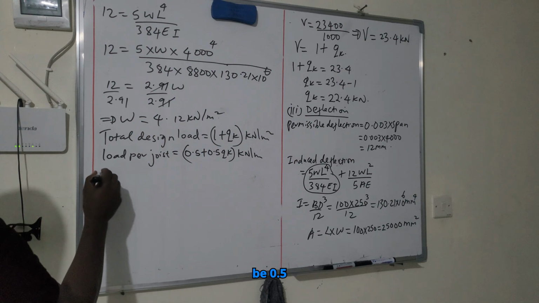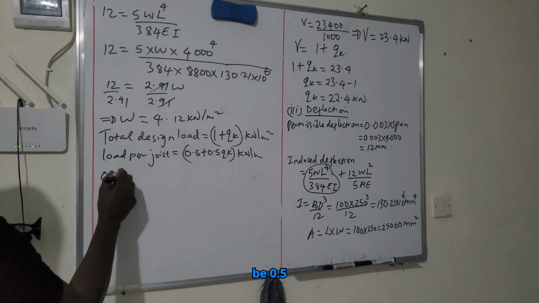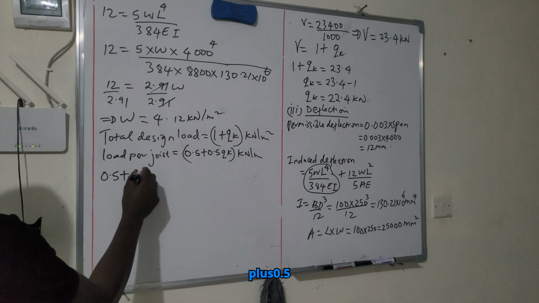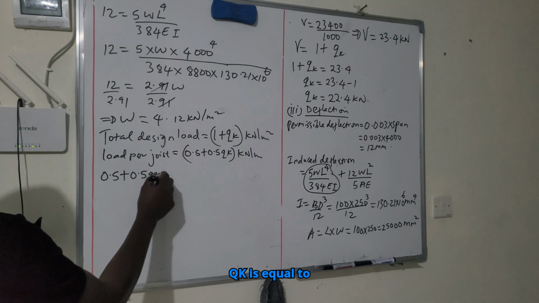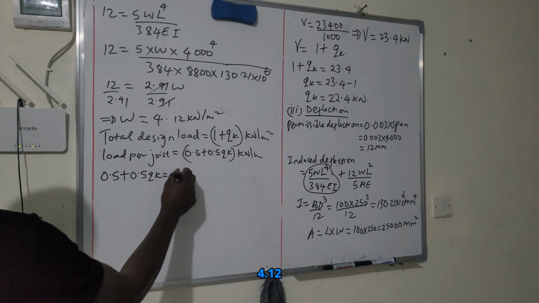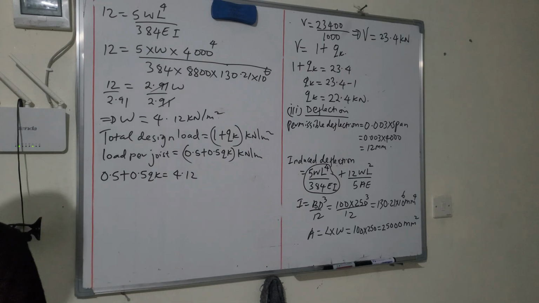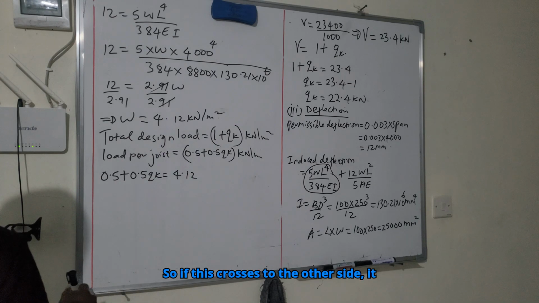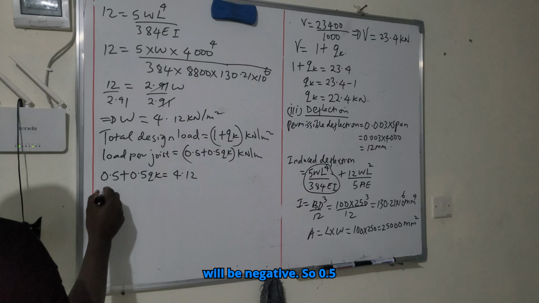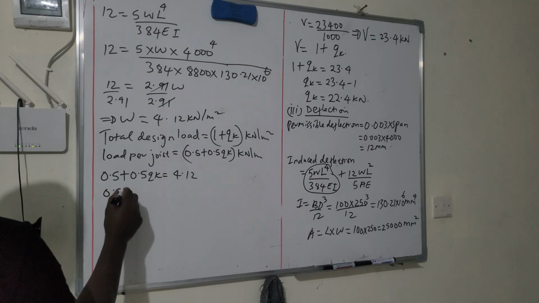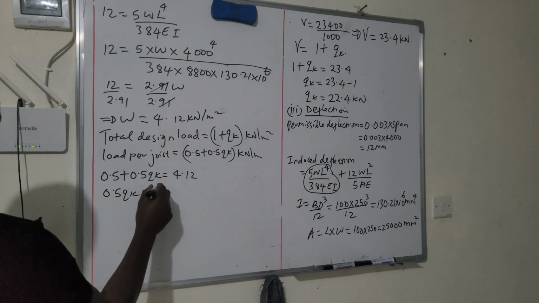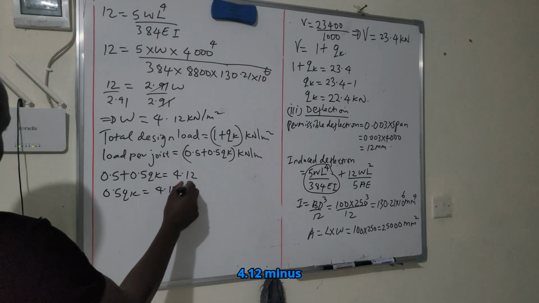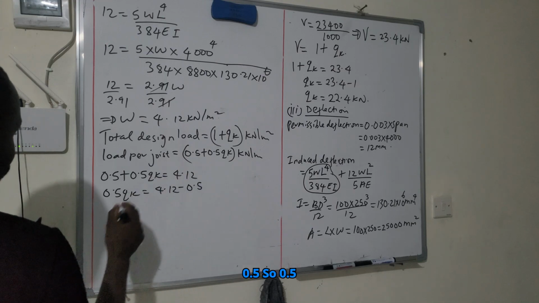So 0.5 plus 0.5 QK is equal to 4.12. So if this crosses to the other side, it will be negative. So 0.5 QK is equal to 4.12 minus 0.5.